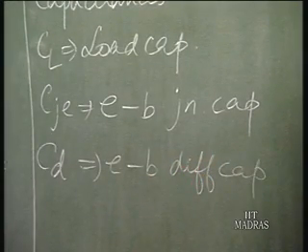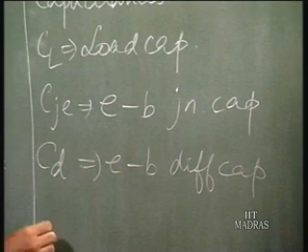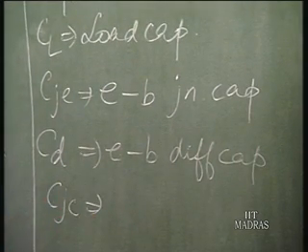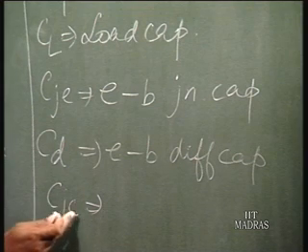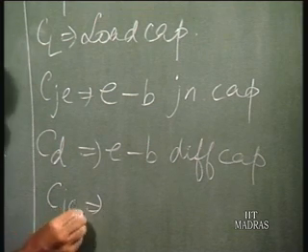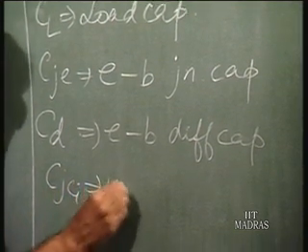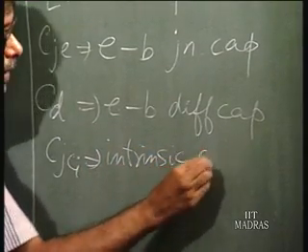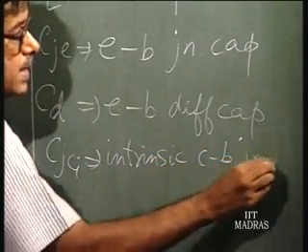And then you have CJC, this is the other junction, that is the collector base junction. CJCI, which is the intrinsic collector base junction capacitance.